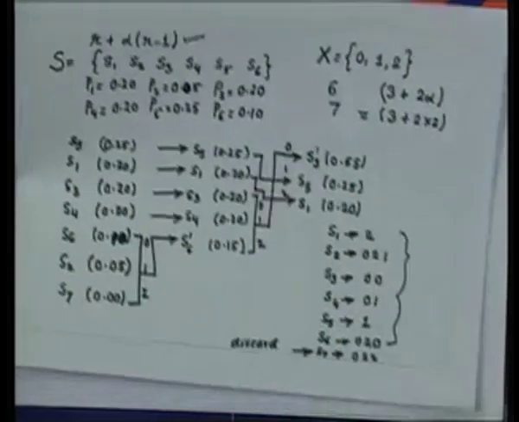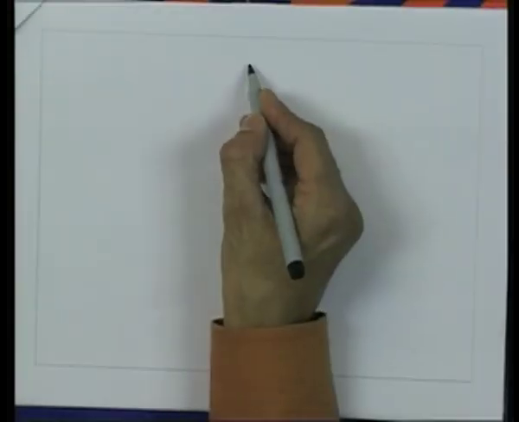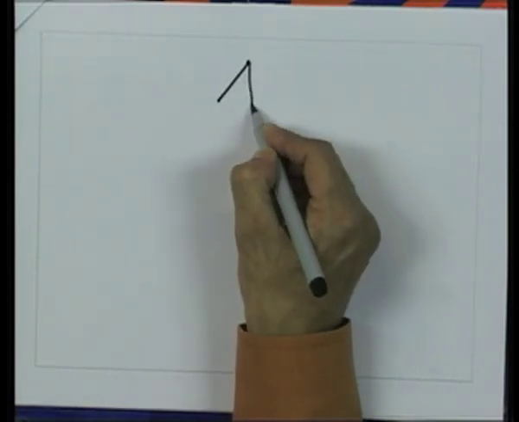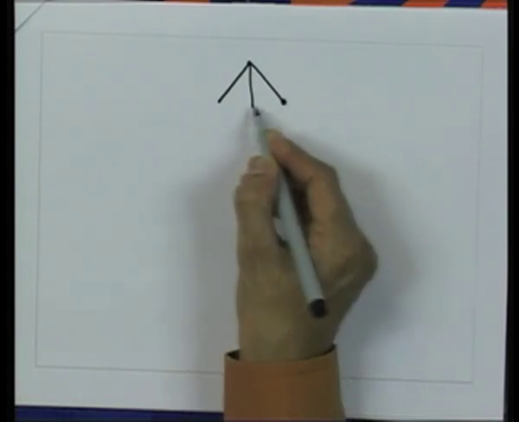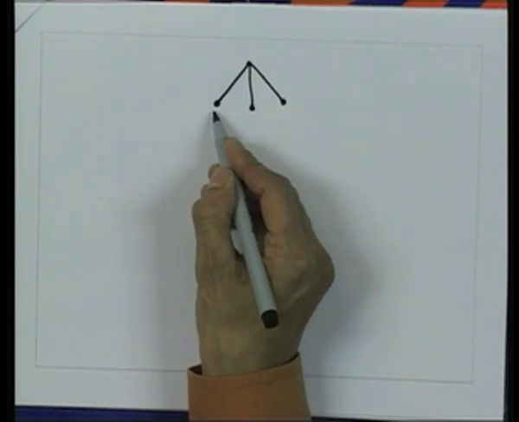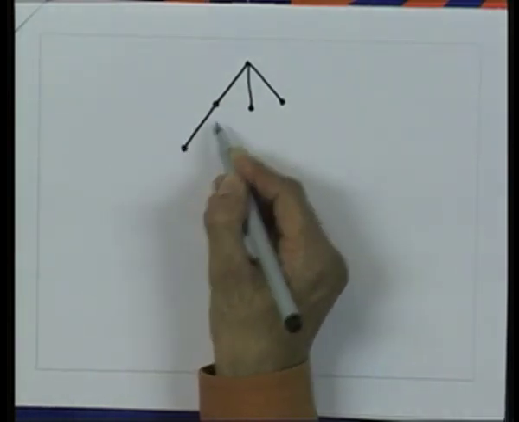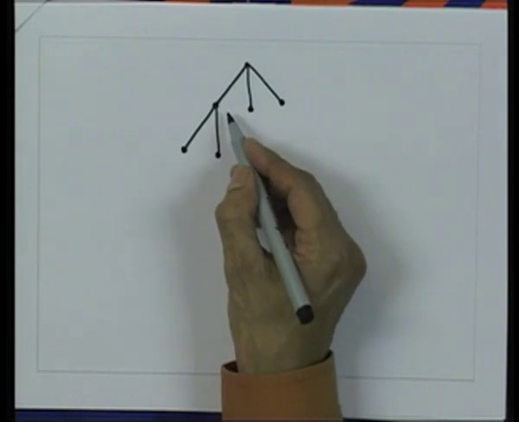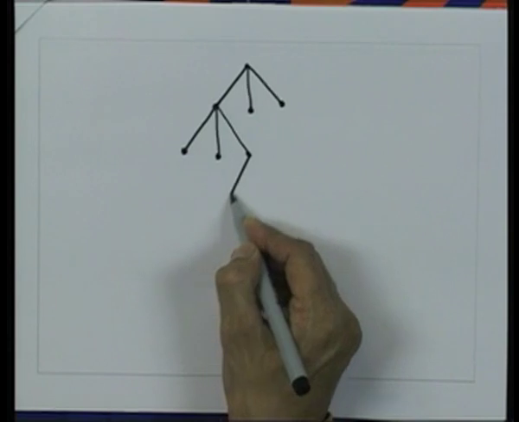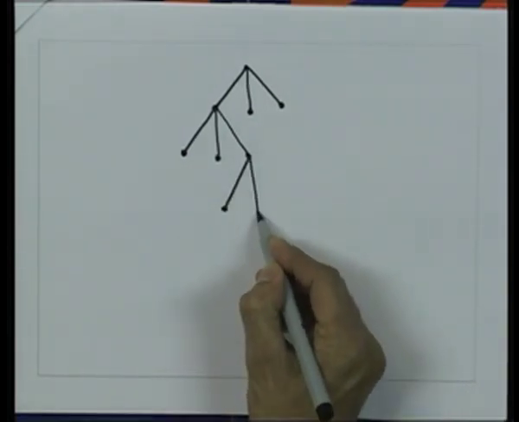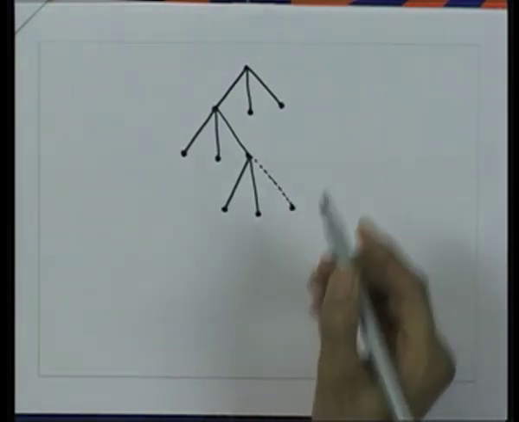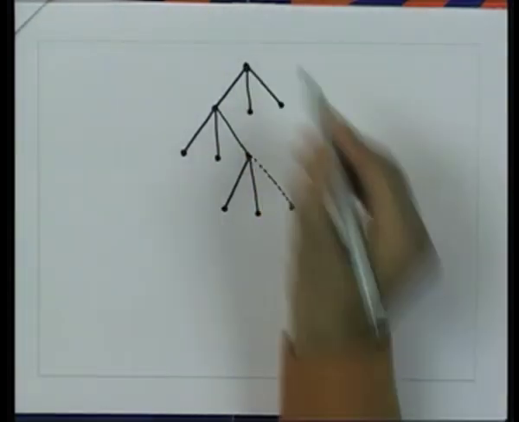of a code tree. So the code tree for this would look something like this. So this is your root node.